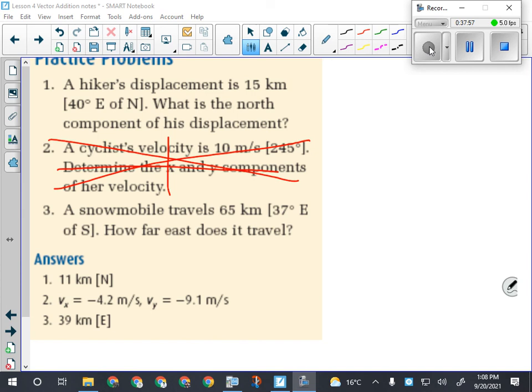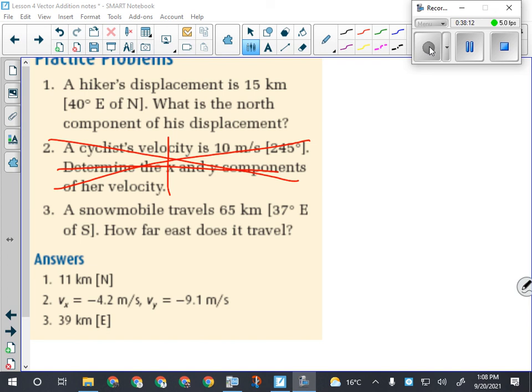For question number 1, they tell us a hiker's displacement is 15 kilometers at 40 degrees east of north. So my reference direction is north.